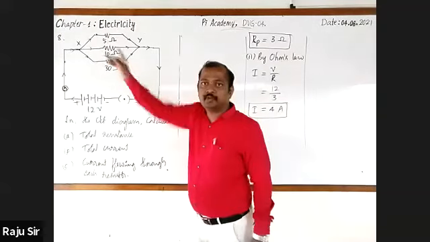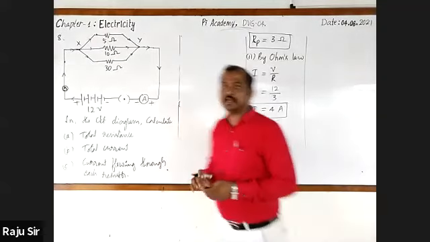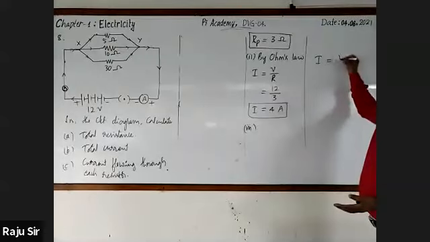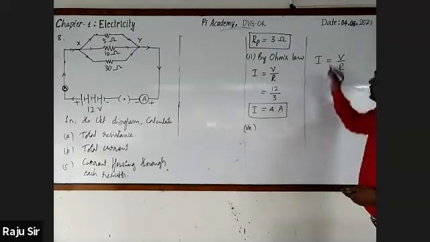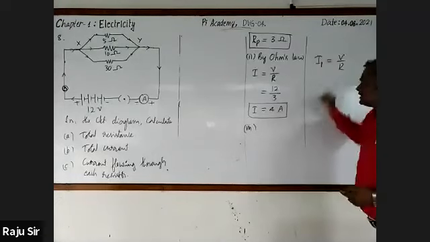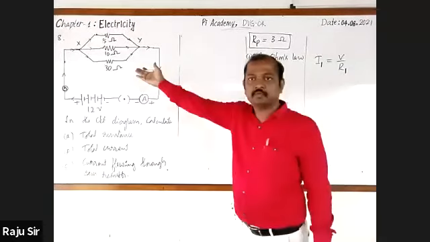The current flowing through a resistor is given by the formula I is equal to V by R. Current flowing through the first resistor is I1, with resistance R1. The voltage remains the same, is it not?